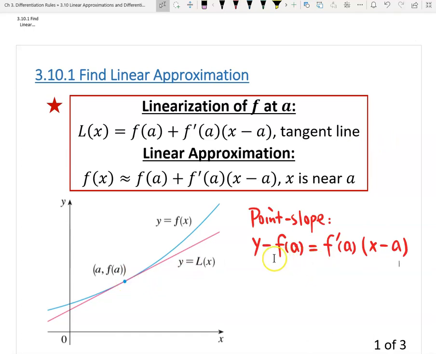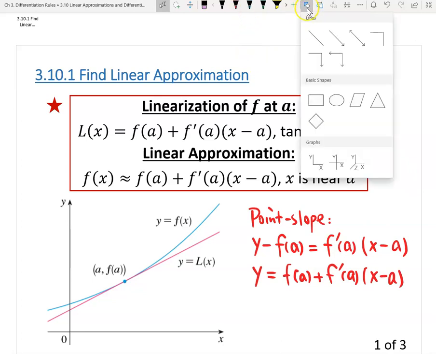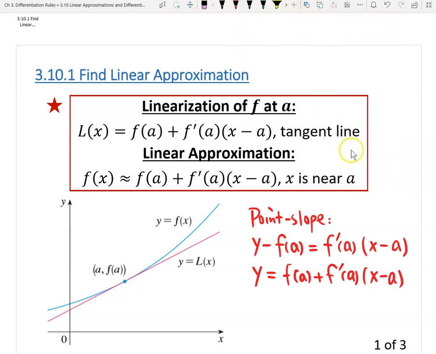Then I add f(a) to both sides, and then we can solve for y. So y now equals f(a) plus f'(a) times (x minus a). Can you see? This is the tangent line, right?